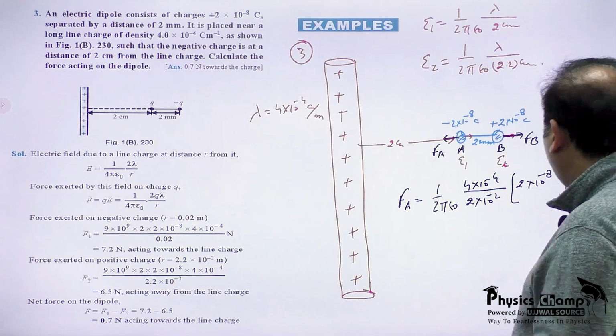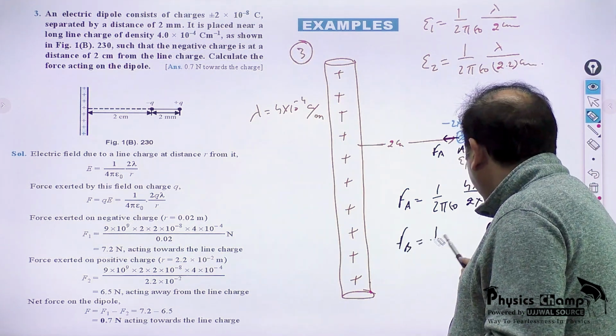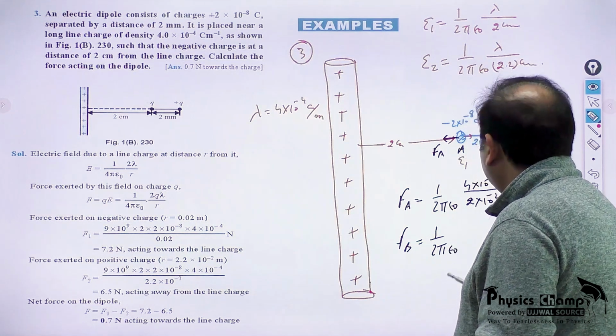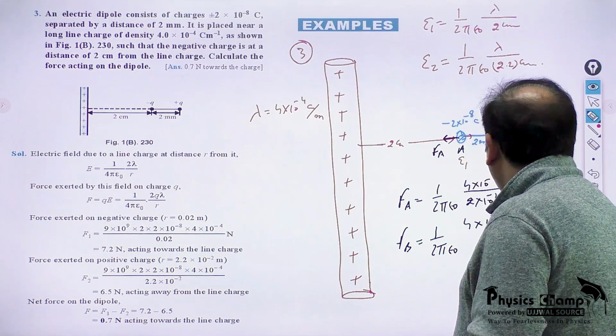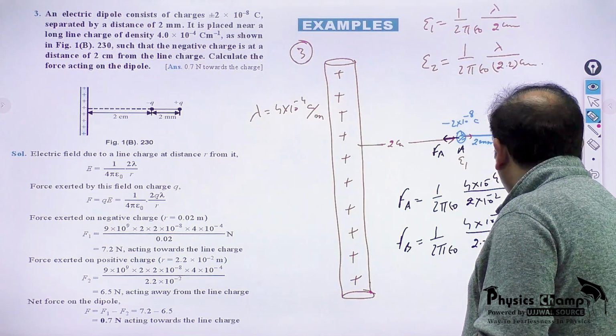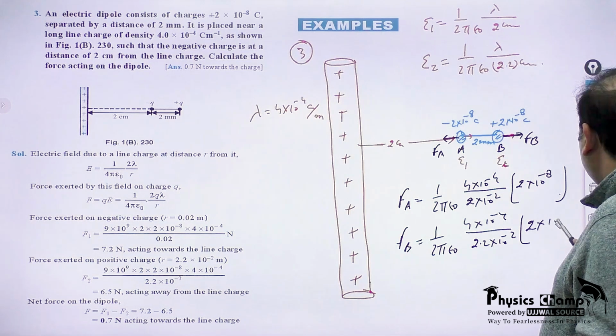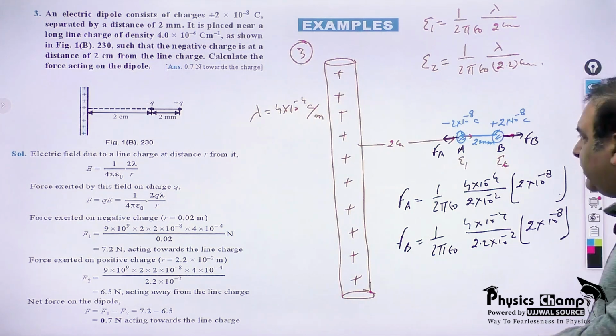Similarly, force on B will be 1 by 2 pi epsilon naught, 4 into 10 to the power minus 4 divided by 2.2 into 10 to the power minus 2, into 2 into 10 to the power minus 8 Newton.